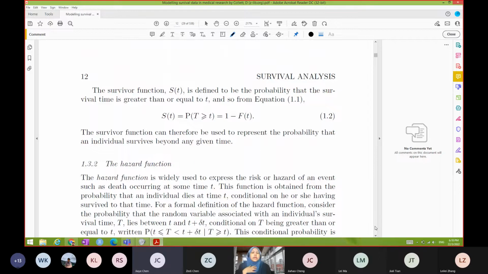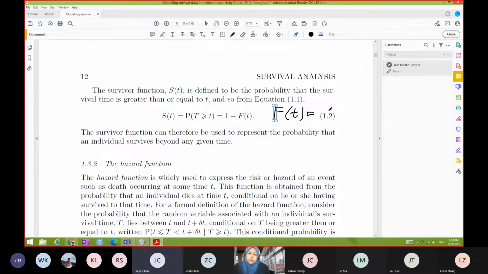The reason I introduce the density function F(t) is that the survival function S(t) equals the probability of T greater than or equal to some value t, which equals 1 minus F(t). F(t) equals the probability of T less than t, as shown earlier.